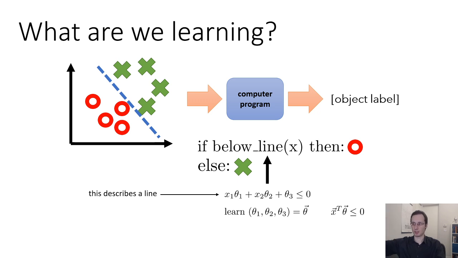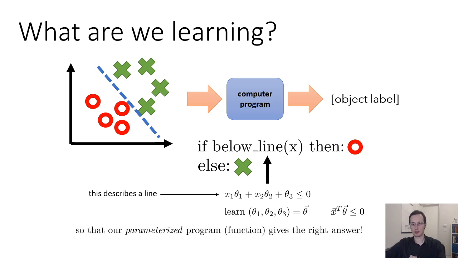Here you just assume that you append 1 in the third position. So the x vector is x1, x2, and then 1. So our parameterized program is going to be trained, and by trained I mean theta will be selected, so that this thing gives the right answer. And that is the process of learning.